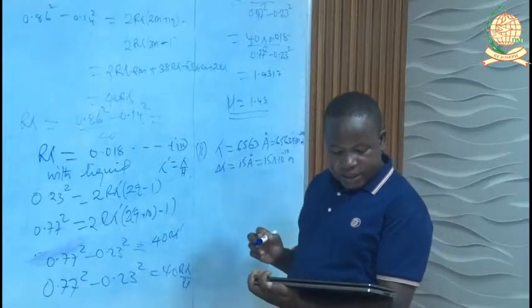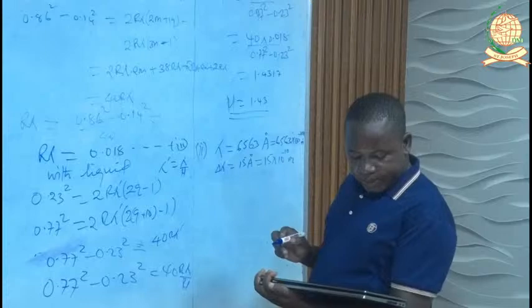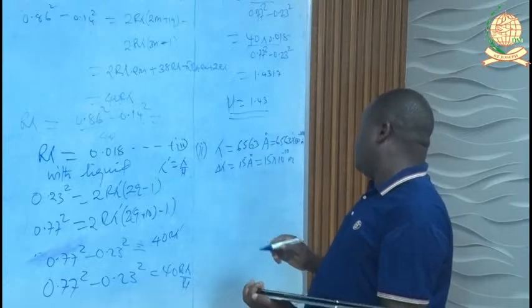Then estimate the speed with which the star is receding from the Earth.